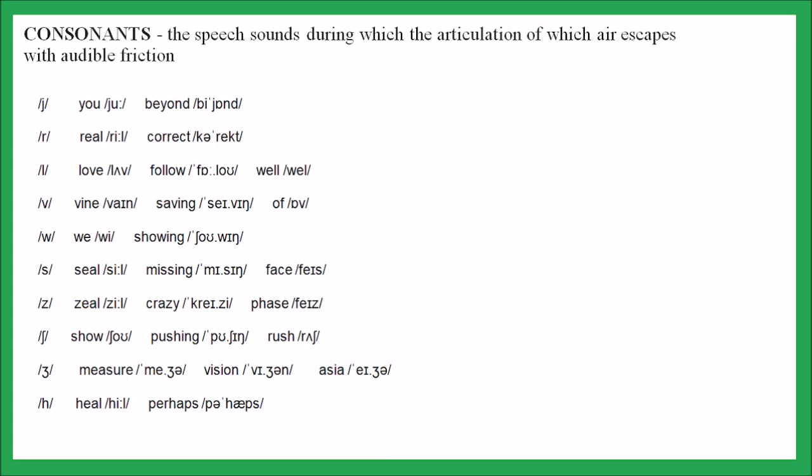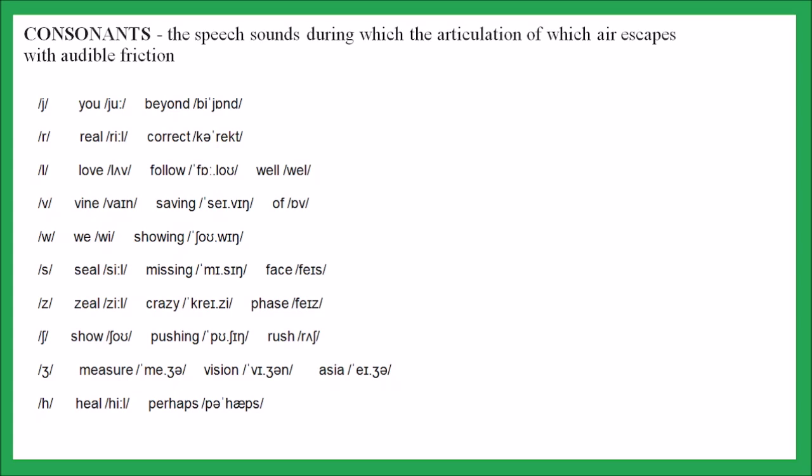As in wine, saving, vase. So when you say wine, your upper teeth will be touching your lower lip. V is very different from W, as in we, showing.